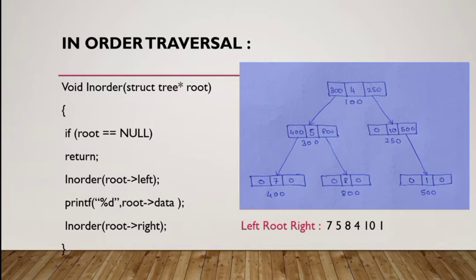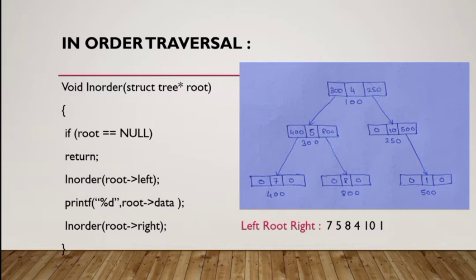Now it moves to the next inorder of root of left. Now 300's left is 400. Now 400 is passed as an input to the inorder function, and it checks if root equal to null. No, and it goes to the next inorder of root of left. Now 400's left is 0. 0 is passed as the input to the inorder function.